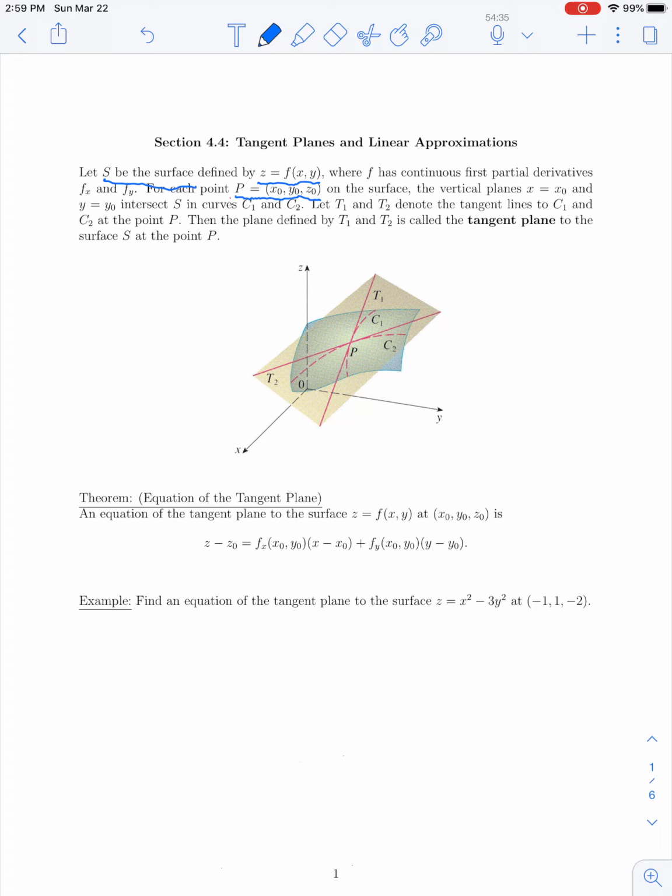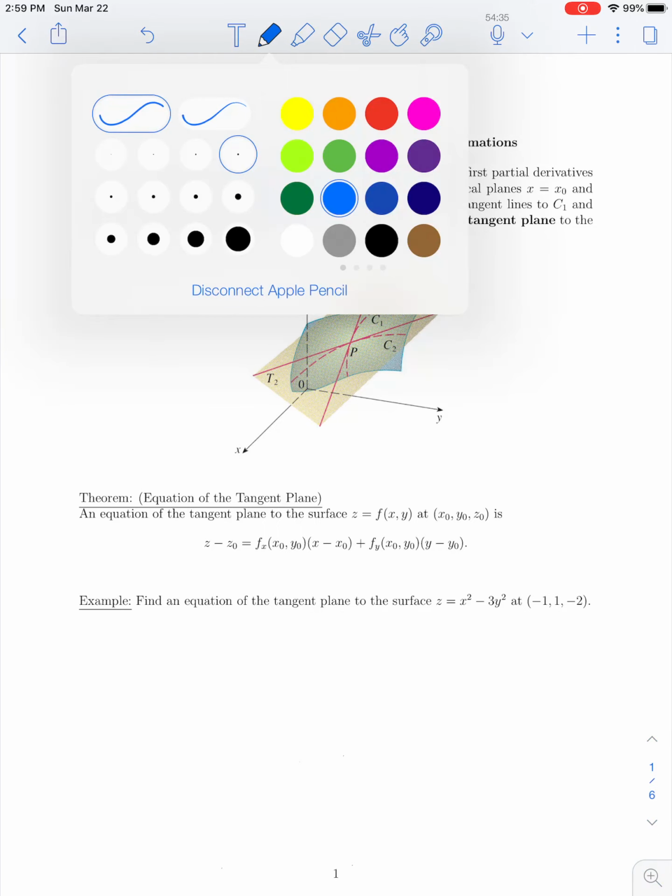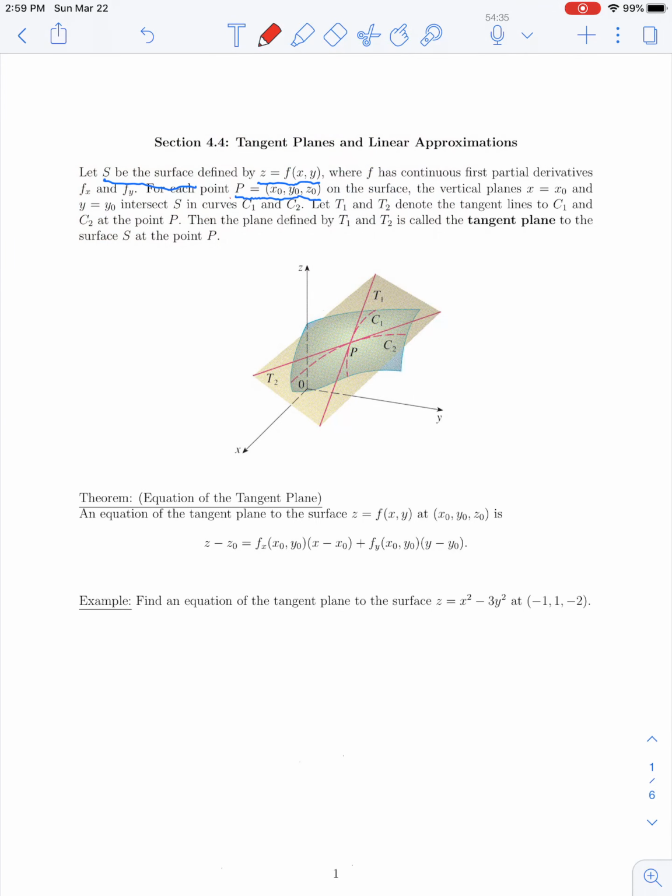So one way that we can think about visualizing our tangent plane is by considering the following. If we were to look at vertical planes defined by x equals x naught, so for some fixed x value x naught, we consider a vertical plane passing through that value of x naught, we see that it would intersect our surface in a curve C2, which would pass through the point P, since the x-coordinate for our point P was x naught.